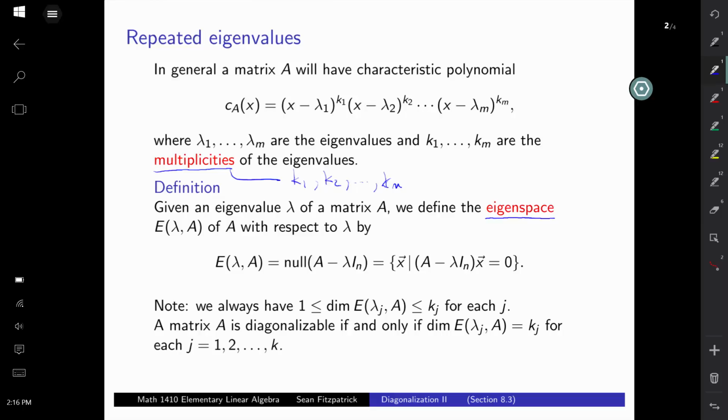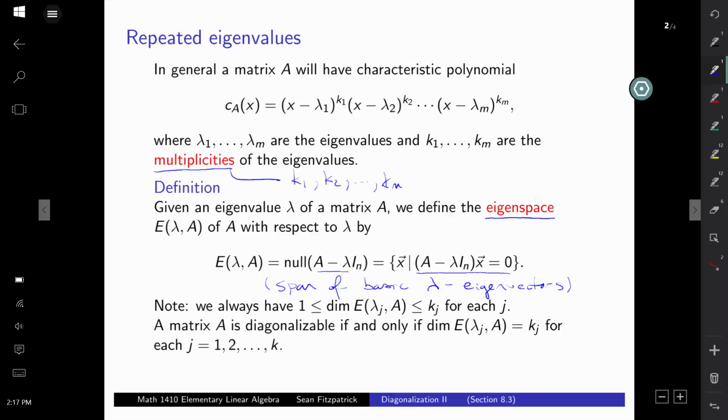It's just the null space of this matrix, the set of all solutions to this homogeneous system. In other words, it's the span of the basic solutions to that equation, and the basic solutions are called the basic eigenvectors.